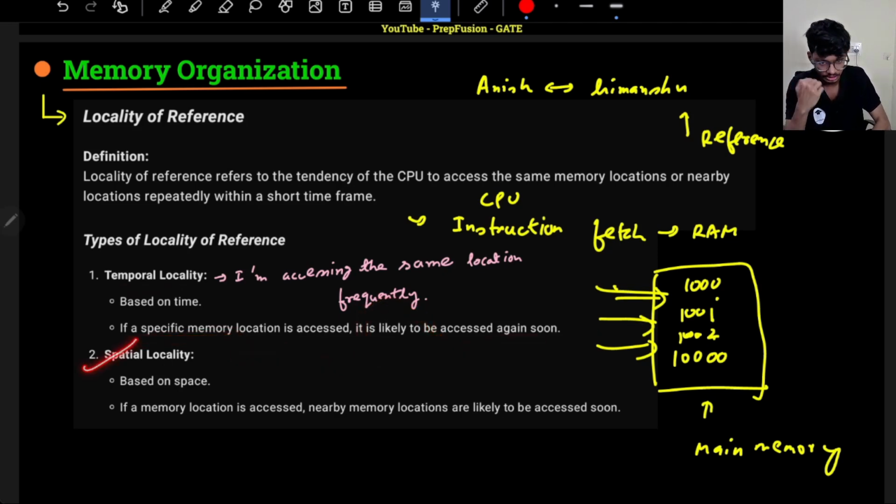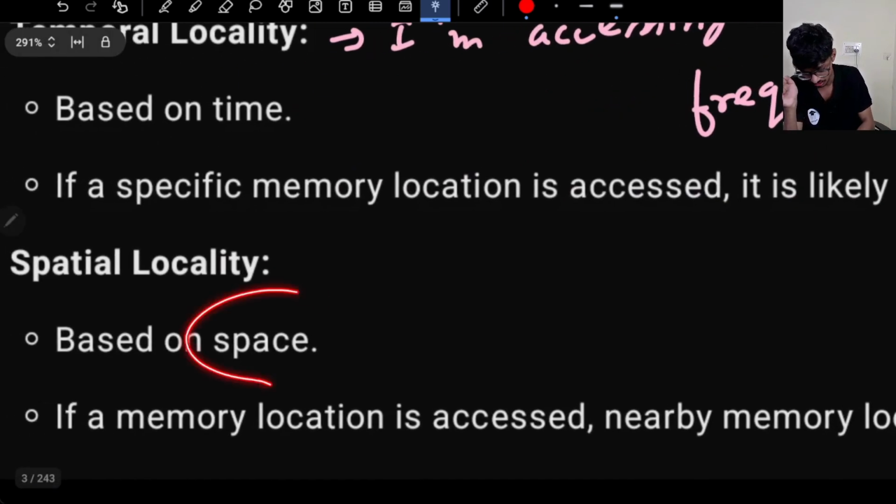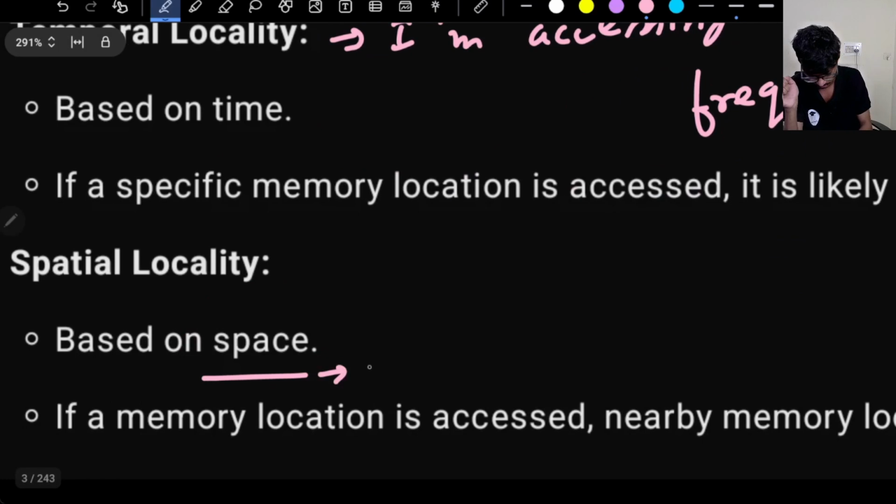Now what is spatial locality? Spatial locality is that I will access the nearby location. It is based on space, based on the address.